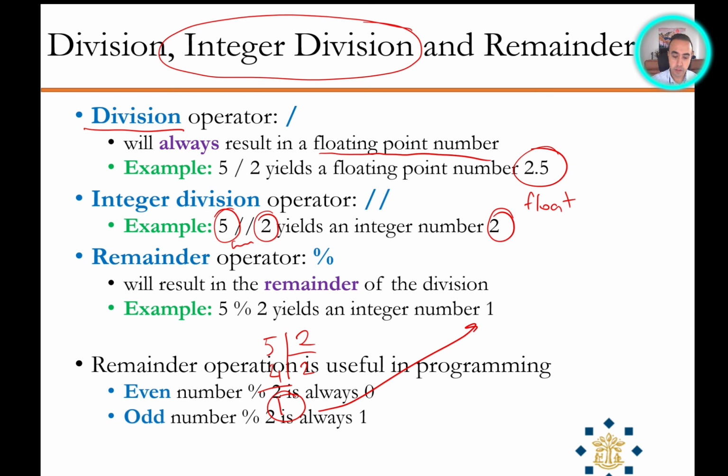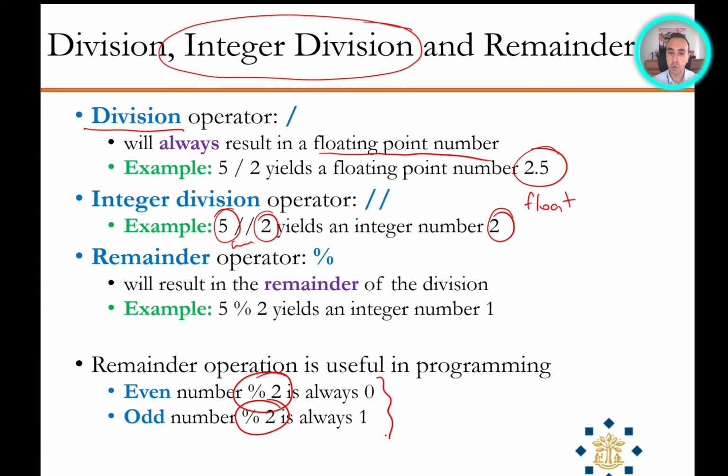Okay. So remainder operation, we are going to use remainder operation a lot. So they're very useful in programming because, for instance, to detect an even number or odd number, if you do remainder by 2, it's going to be either 0 or 1.